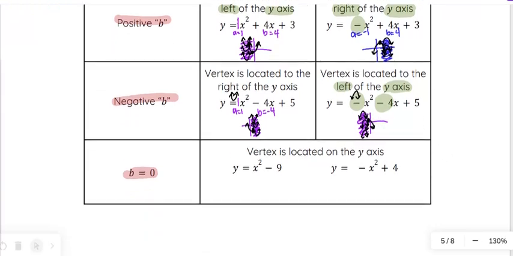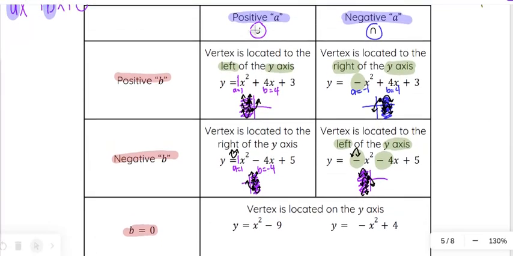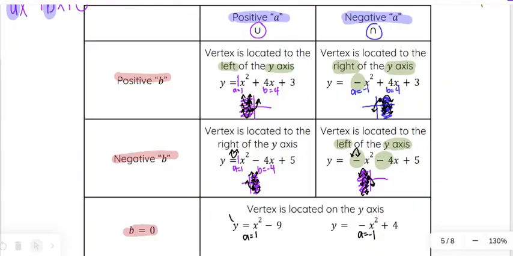And then finally, we could have a b value of 0. And so there's a potential to have an a value that's positive or an a value that's negative. When we have a positive a value, remember that means it opens up. So we have this on this one. And then over here, if a is negative, it opens down.